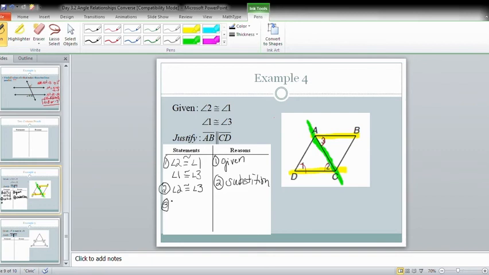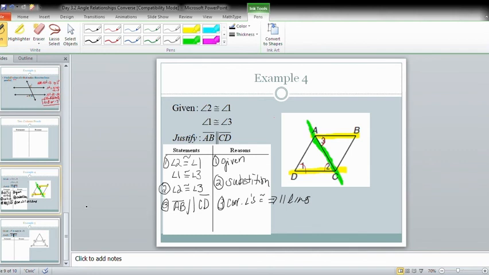And the last step is I have angle 2 and angle 3, which are corresponding angles, and they are congruent, so I can now say AB is parallel to CD, right? And that's because if corresponding angles are congruent, then parallel lines, right? So proofs are all about the logic. We're using reasons to get from one place to the next. It's a very logical process, all right?